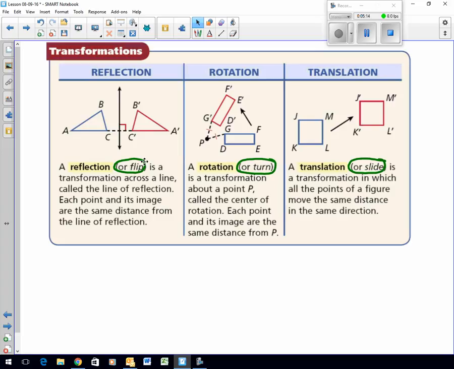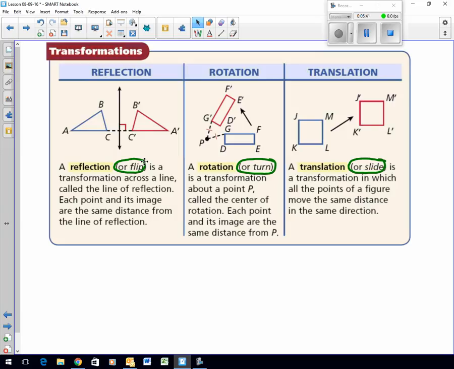Check it out. If in this example, JNOK slides to the right and then up, or it slides up and then to the right. Correct? Right? Okay. It slides right and then up.